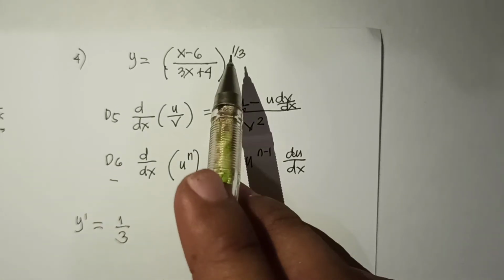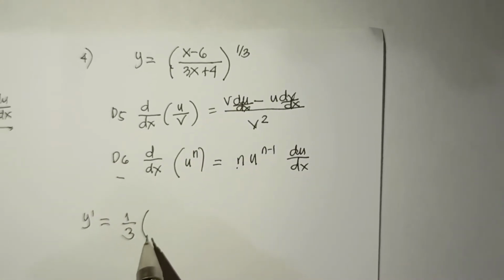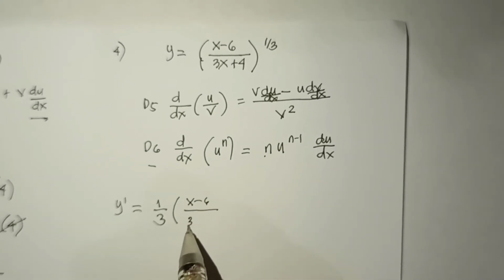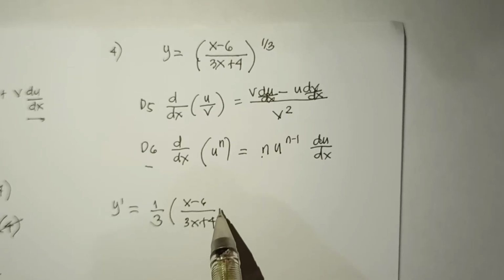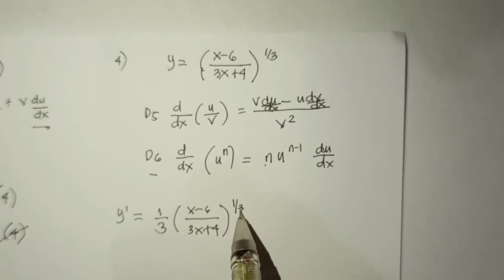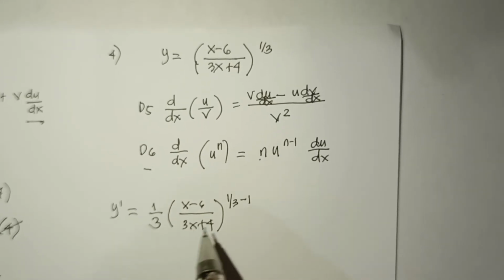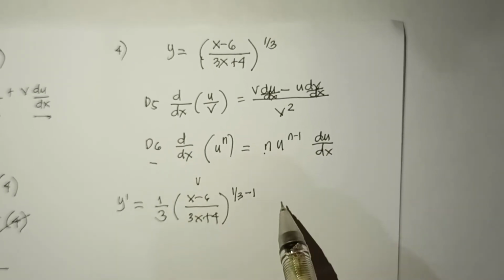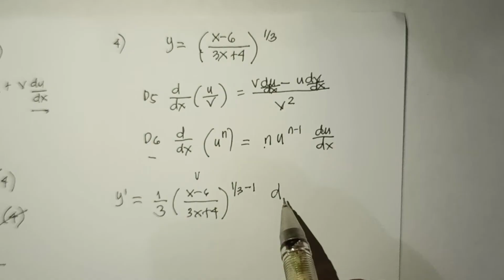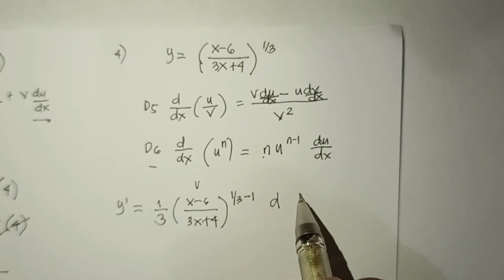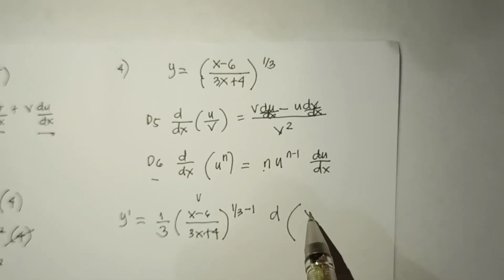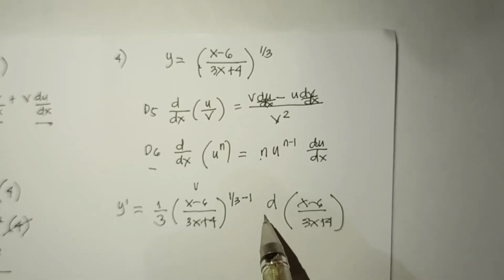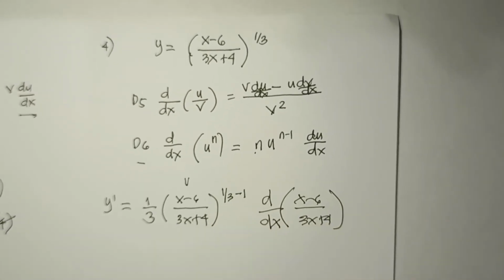And this is your n here, times x minus 6 over 3x plus 4, then 1/3 minus 1 times the derivative of u, and this is considered as u, so therefore the derivative of x minus 6 over 3x plus 4 with respect to x.